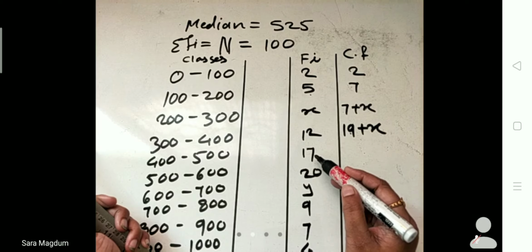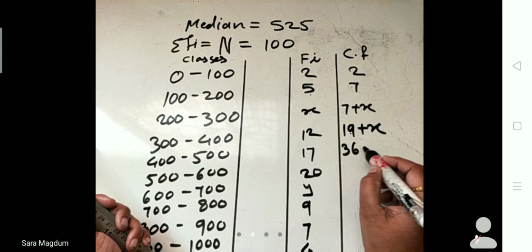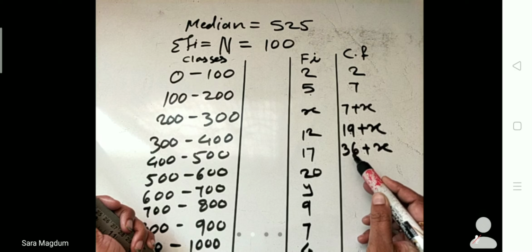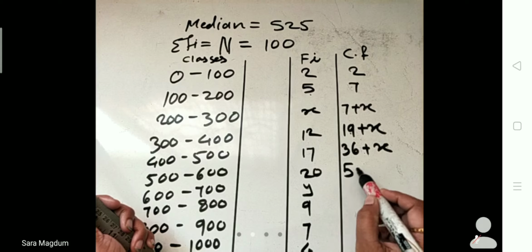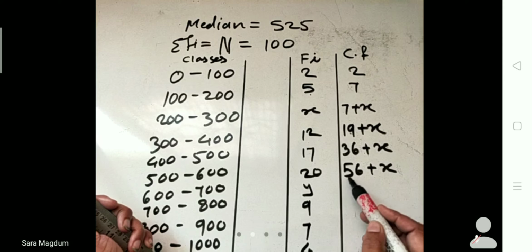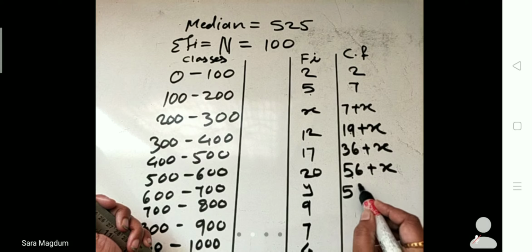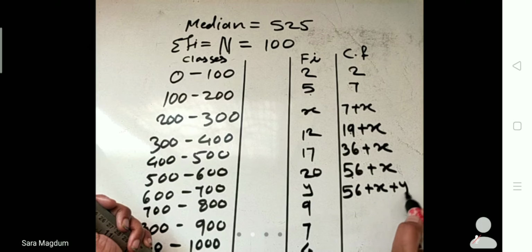So 19 plus 17 is 36 plus x. 36 plus x plus 20. 36 plus 20 is 56 plus x. Again 56 plus x plus y. So we will write here 56 plus x plus y.